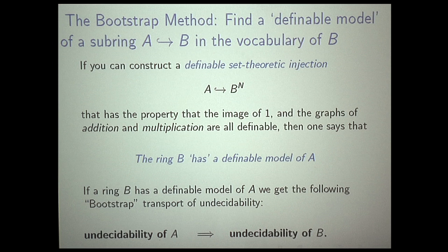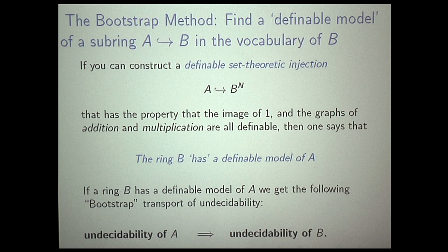And that has to have the property that the image of 1 in the smaller ring is definable in the larger ring, and the graphs of addition and multiplication similarly.